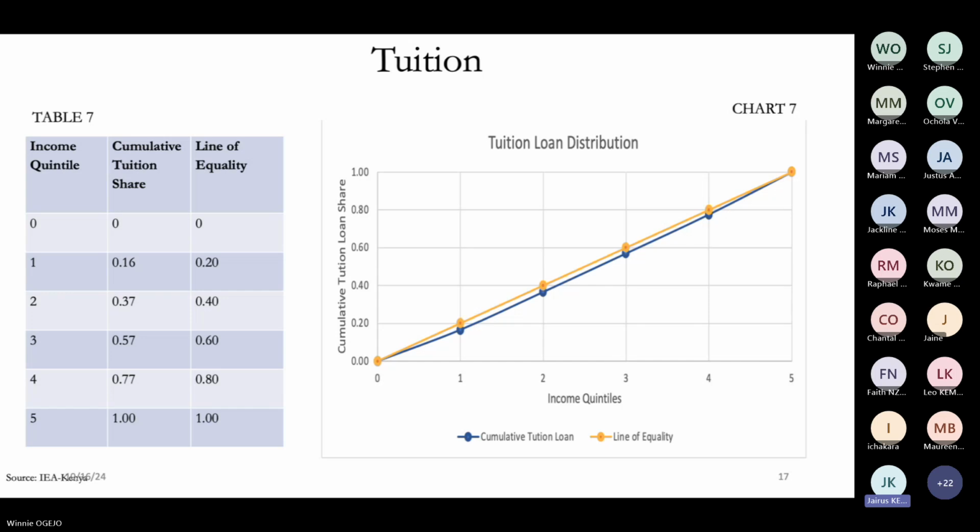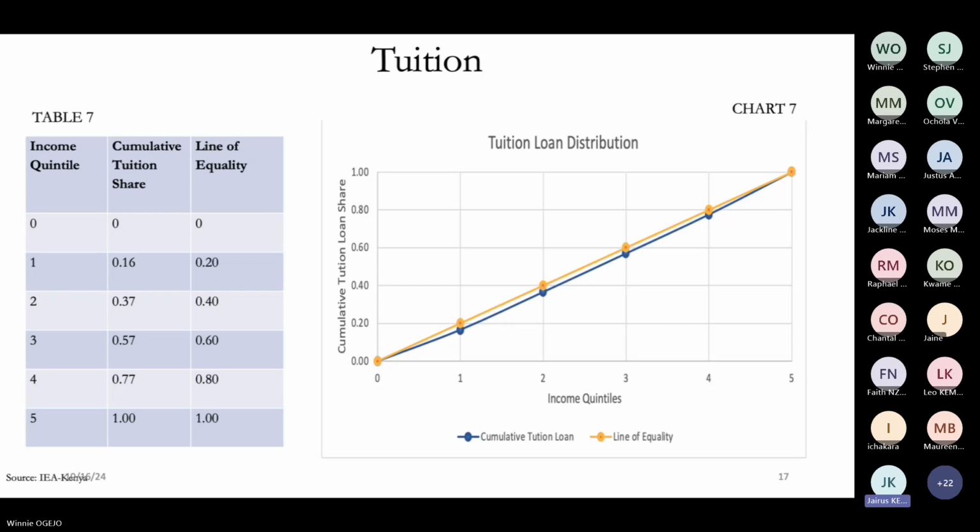It's important also to note at this point that our table varies from the last two we have seen on the composite and for the scholarships, because here, for the first time, we're now seeing the lower income quintiles receiving lesser than their equitable share.